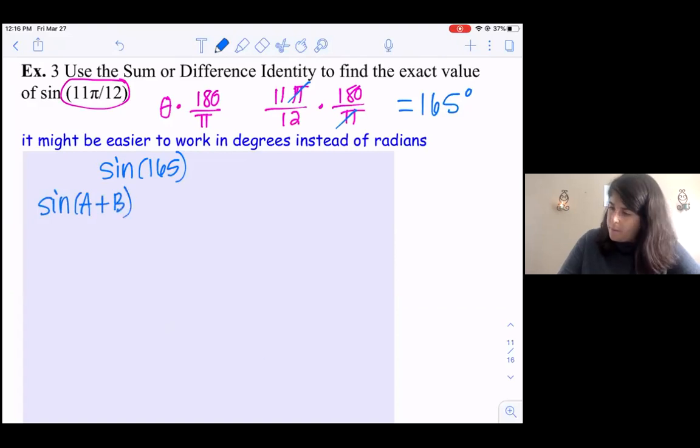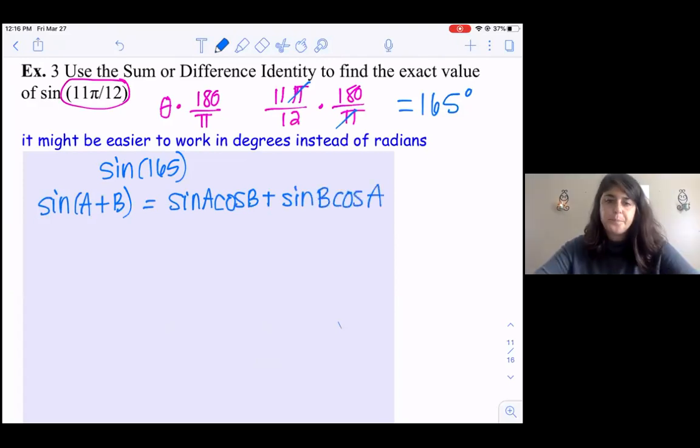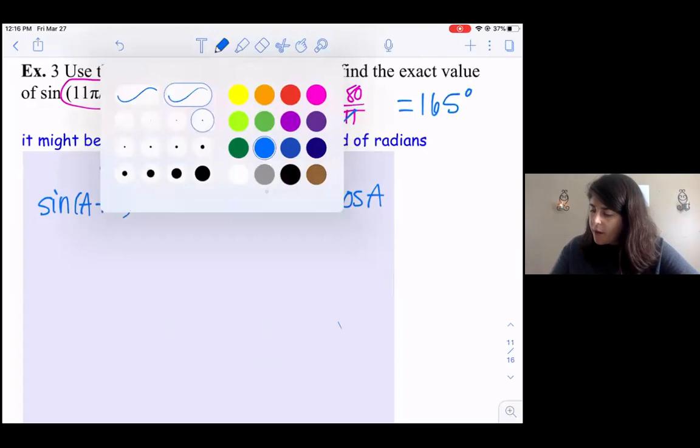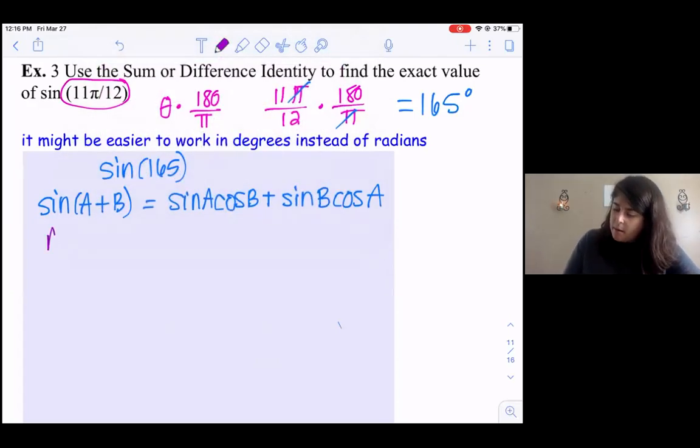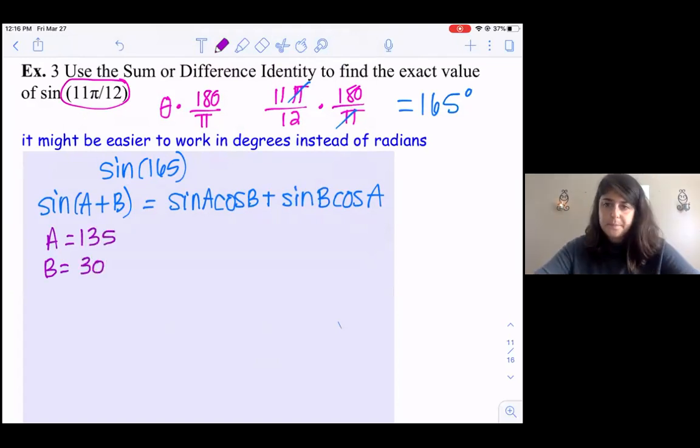I actually want to use my sum formula. The sum formula is sine A cosine B plus sine B cosine A. If I want to find two angles, A and B, that add to be 165, that is 135 and 30.